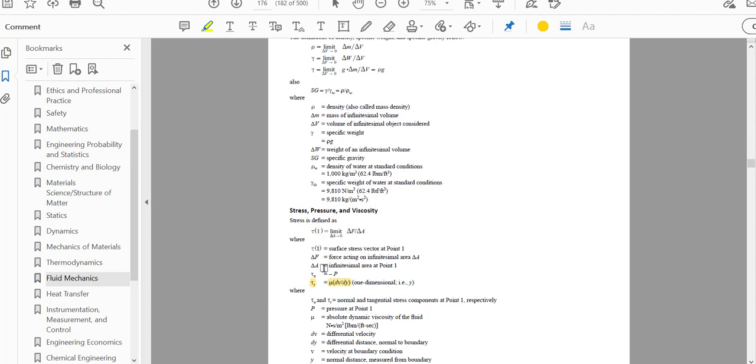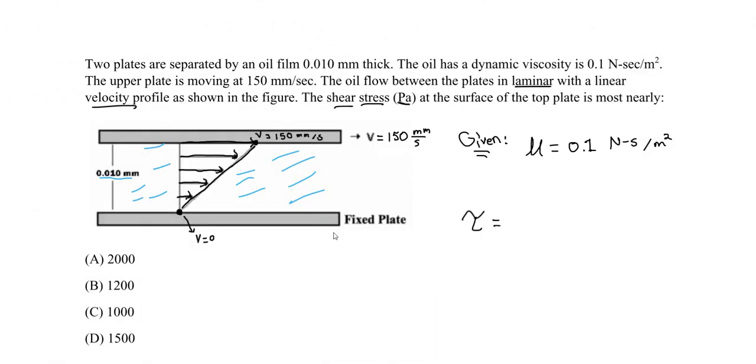So to go over some concepts, if I look specifically at a single layer in the fluid, this is our layer, we're going to have a shear stress in the tangent direction, tau sub t. And we also have a stress in the normal direction. But we're mostly concerned with the shear stress in the tangent direction, and that's what we will solve for.